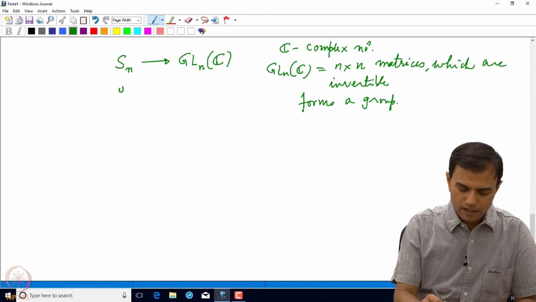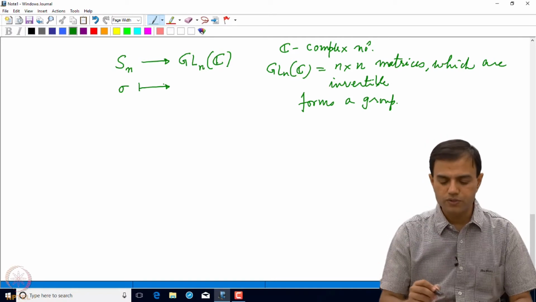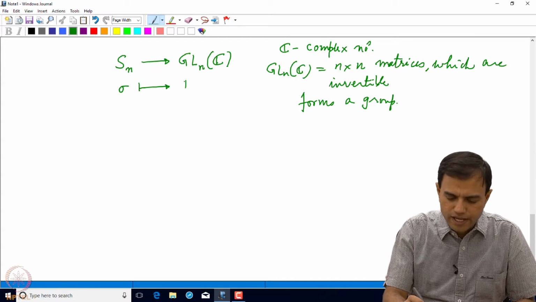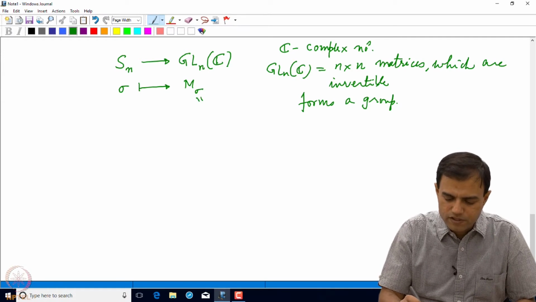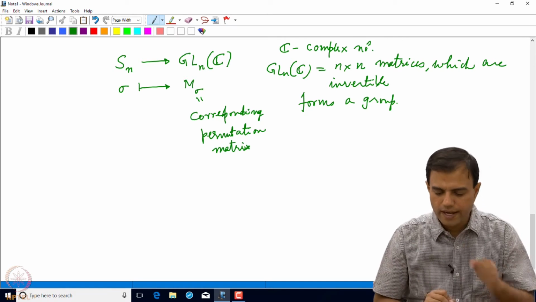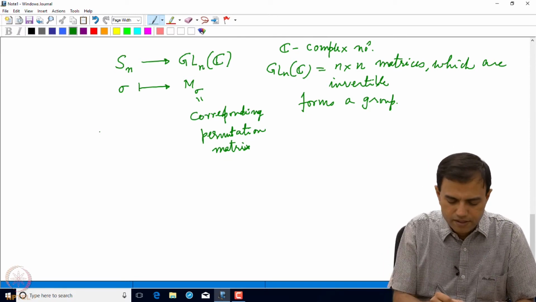So any permutation sigma can be performed on the rows of the identity matrix, and you get, let me call it M sigma, the corresponding permutation matrix.